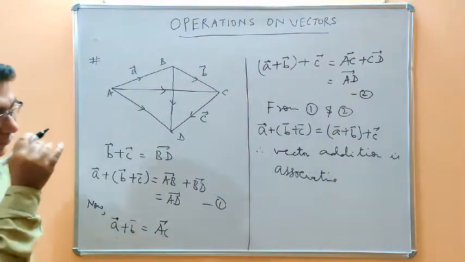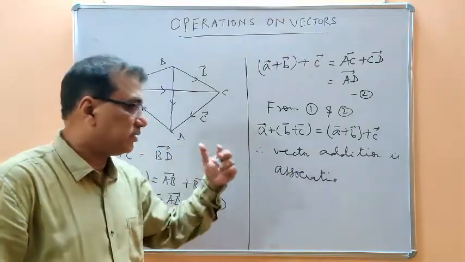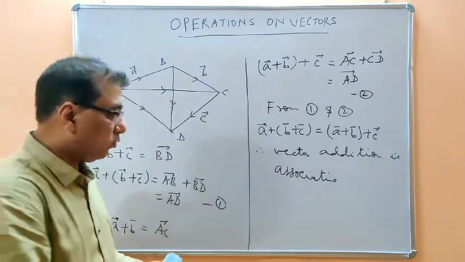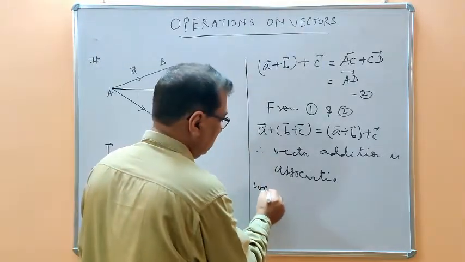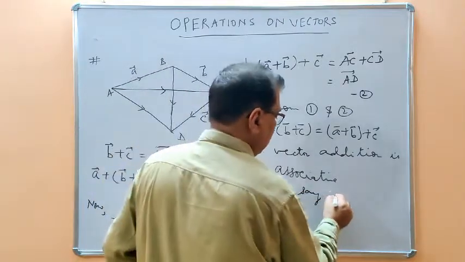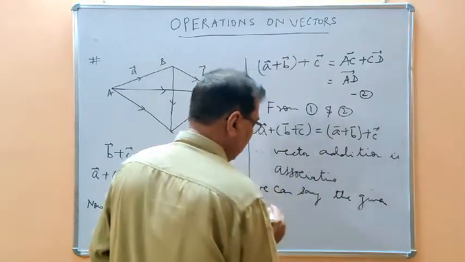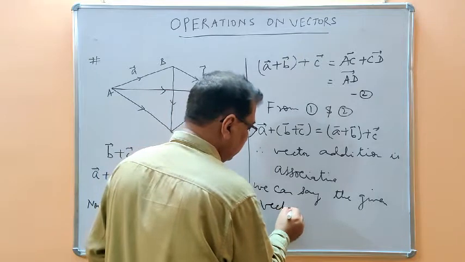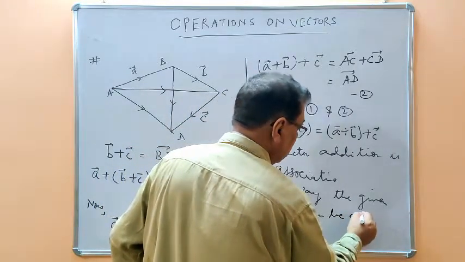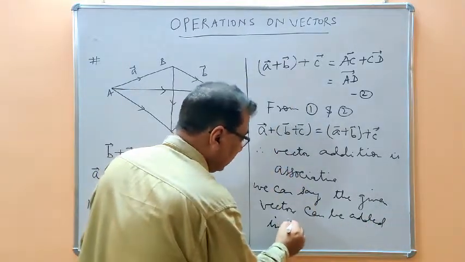Okay, now a very important conclusion. We have seen that vector addition follows the commutative law as well as the associative law. So we can say that the given vectors can be added in any order.